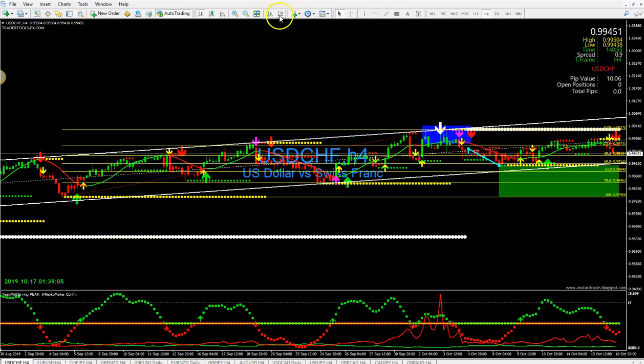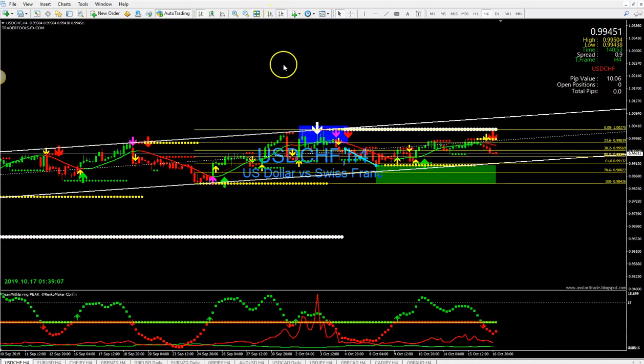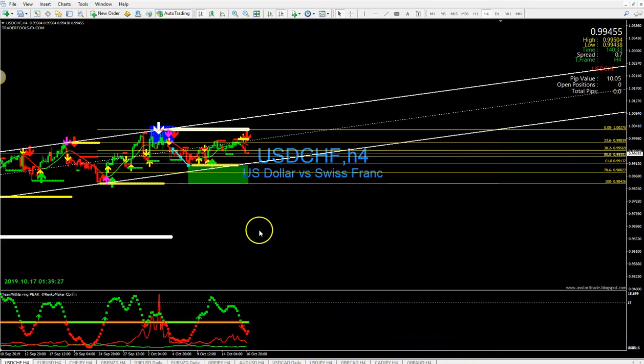And another thing that I want to show everyone is, everybody knows I love to have all the dots from 4 hours to monthly. Once all the dots appear from 4 hours to monthly, that pair is gonna go on for months and months to come. For instance, let me see if I can spot an area where you guys can see it.